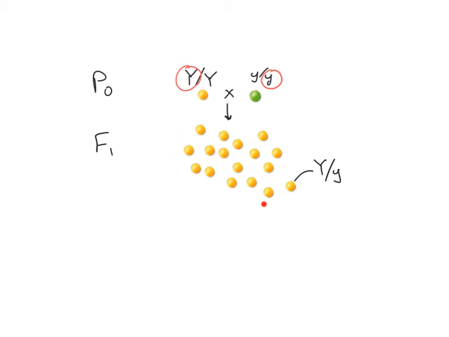All of the individuals are yellow. That tells us that it's the trait that came from the father, the individual that was yellow. That allele is dominant to the allele that came from the parent whose phenotype is not present in their offspring's generation.